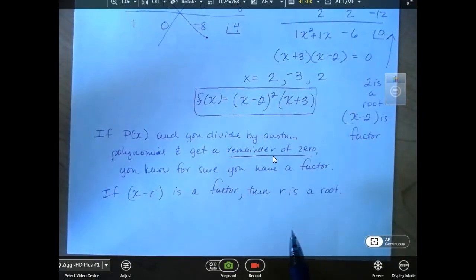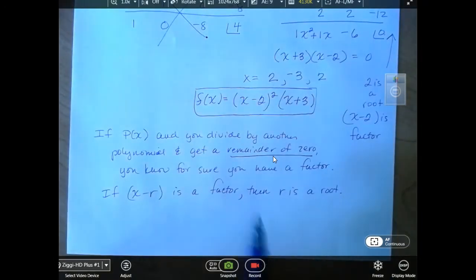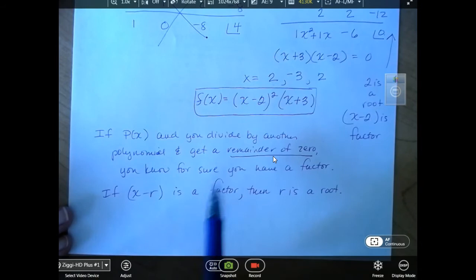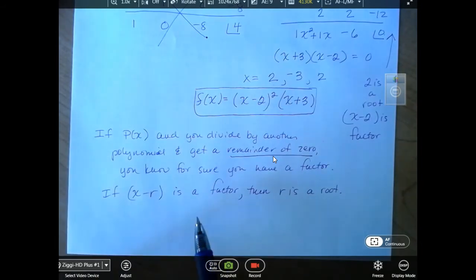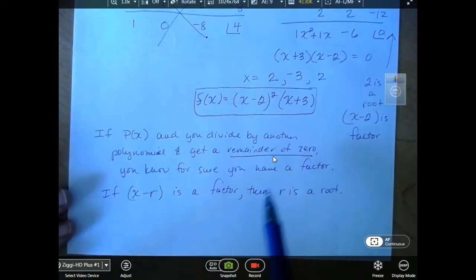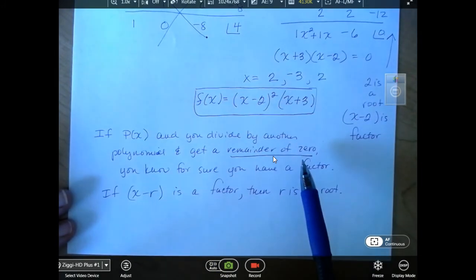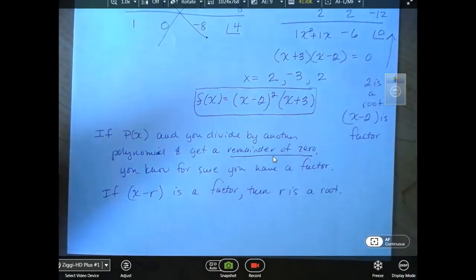And then the factor theorem says that if you have a factor of a polynomial, if you have x minus r, then r is the root. And I've talked about this a lot, but these are the 2 main things. So you're actually looking for whether or not you have a remainder of 0. Okay, so let's do another example.